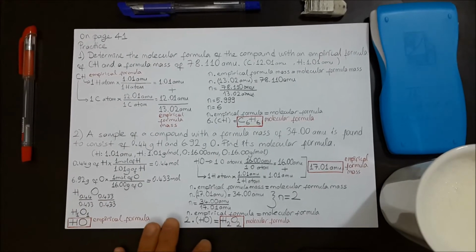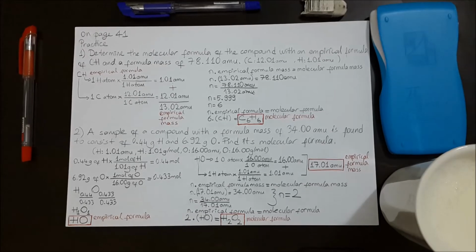But in the second question, things have changed because there is no empirical formula given in the question, but there are some masses given about the elements. They are called the mass compositions. So by using these mass compositions, I'm going to first of all calculate the empirical formula of the compound.